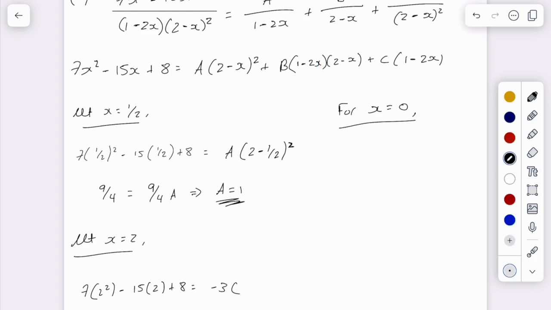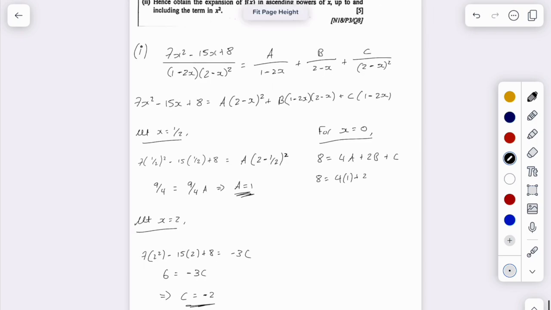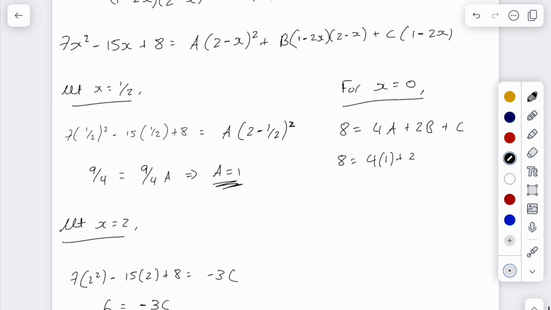For x equals 0, what we're going to get is 8 equals 4A plus 2B plus C. I can therefore say that 8 is equal to 4 times 1, plus 2B, minus 2. 2B is therefore going to equal 6, and then from there we can say B is equal to 3.